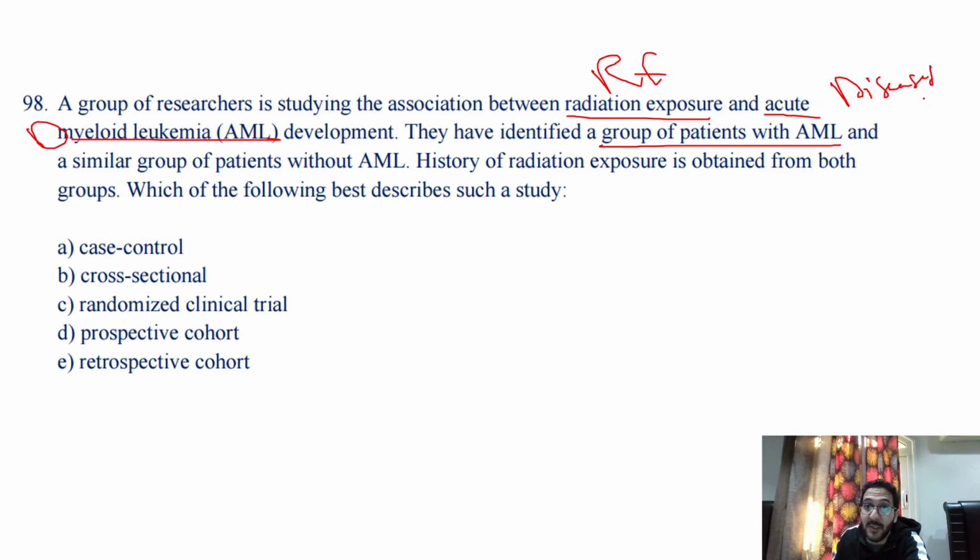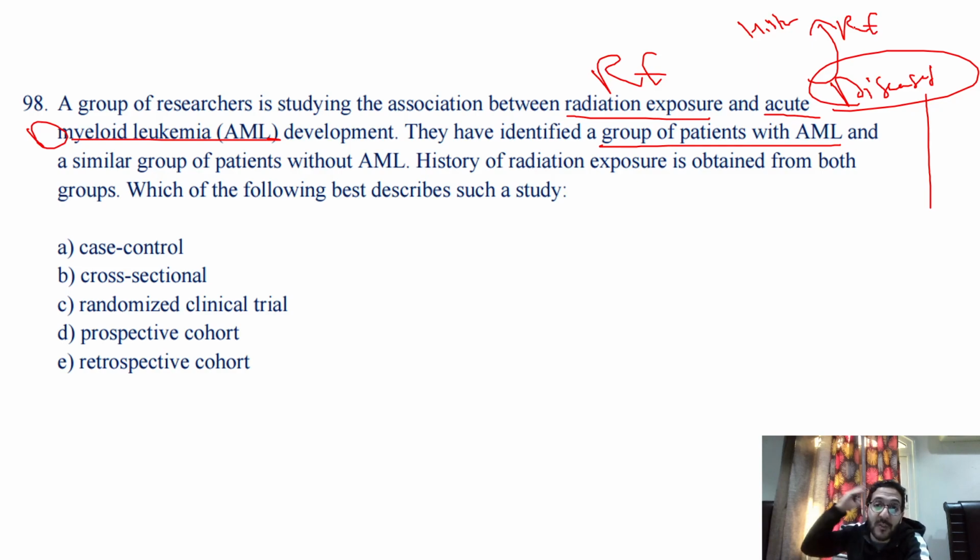So I start with the disease, and they were asking about the history of risk factors. I'm moving back in time to see the exposure history. So this also seems like case control. Very easy. Starting with the disease, moving back in time to see the risk factor.